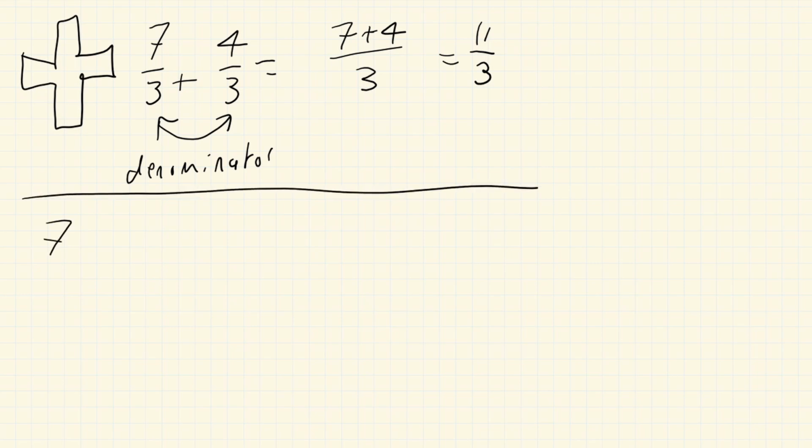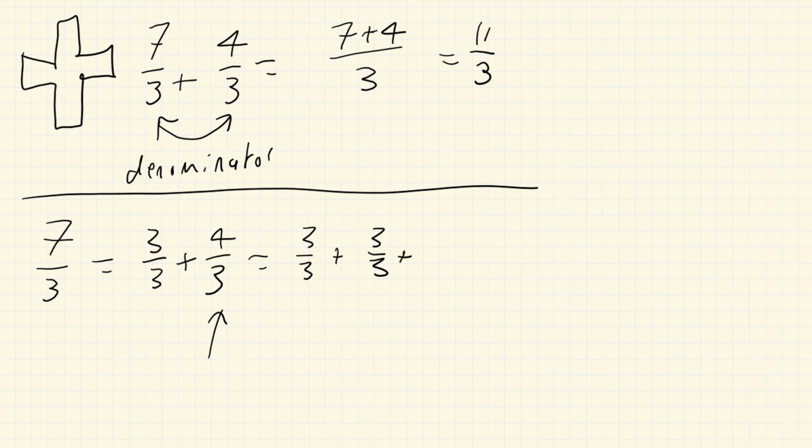Because of that, 7 divided by 3, we could also write it as 3 divided by 3, add 4 divided by 3. Because 3 add 4 is 7. But 3 divided by 3 is 1. And then we could also write 4 divided by 3 as 3 divided by 3, add 1 divided by 3.